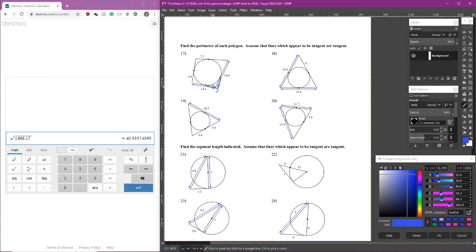So right now, I don't know anything about these 2 specifically, so I go to where I do know maybe just a half of the length on one side, like up here. Look at 7.7. I know that from that dot to that corner is 7.7. Since its other tangent that's on the other side of the angle, since they're both tangents, they'll be the same. So this is 7.7 as well.